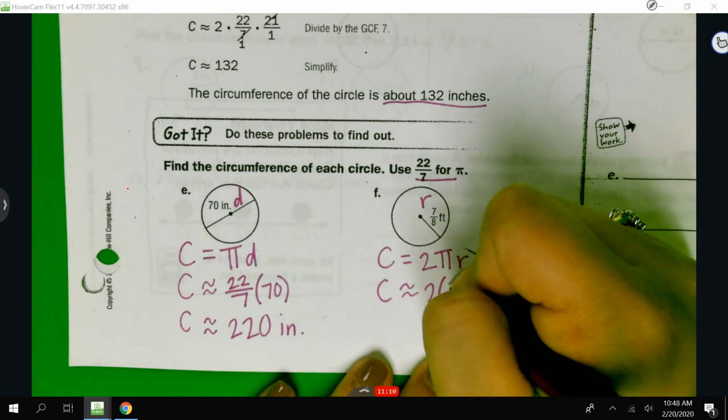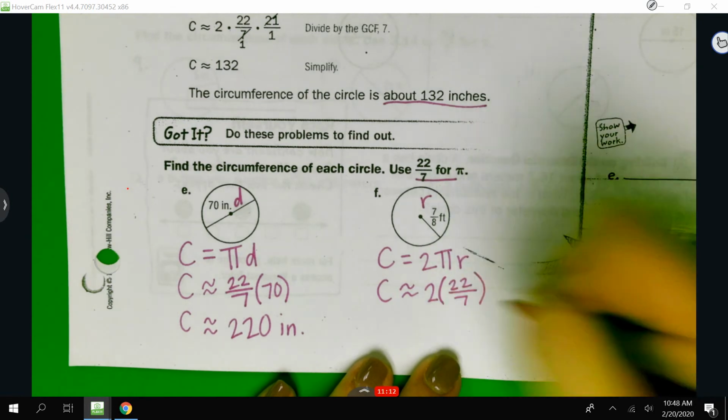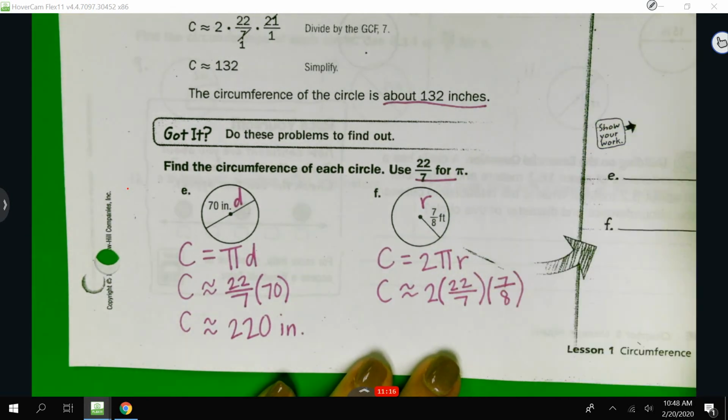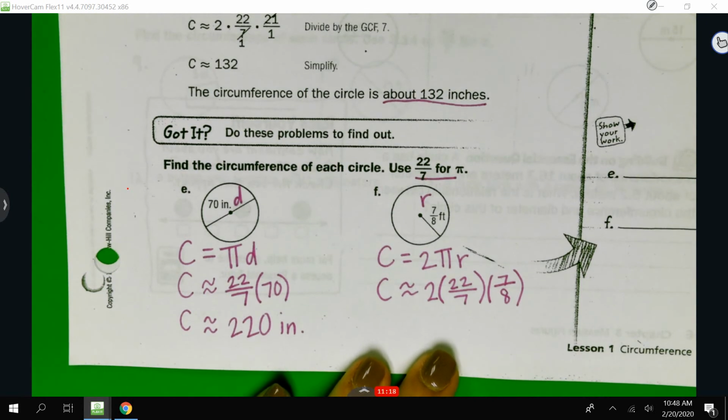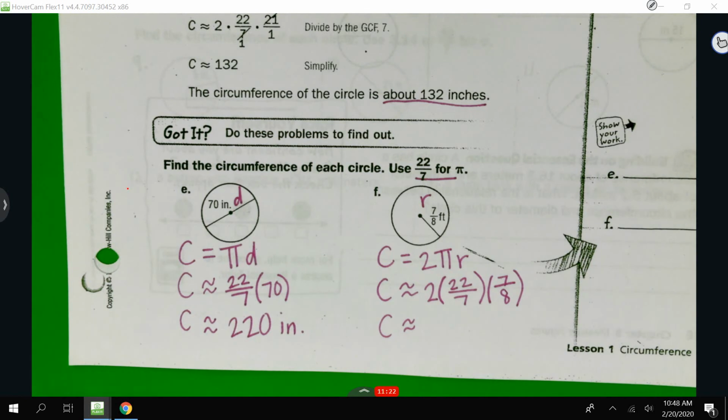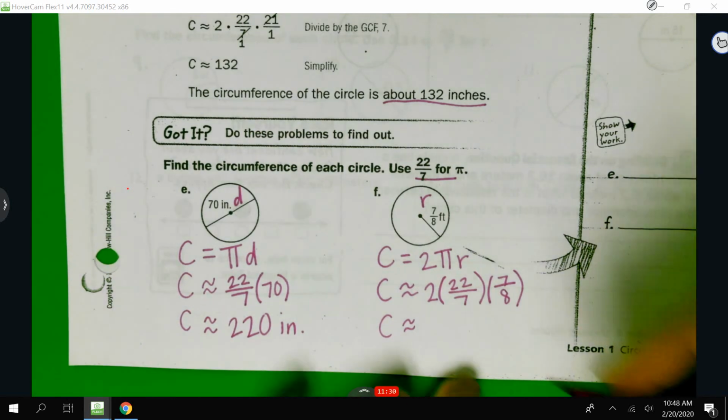I have to use 22 over 7 for pi. And then my radius, they said, was 7/8. So when you multiply all three of those numbers together, somebody want to tell me what you get? 5.5? Yeah.